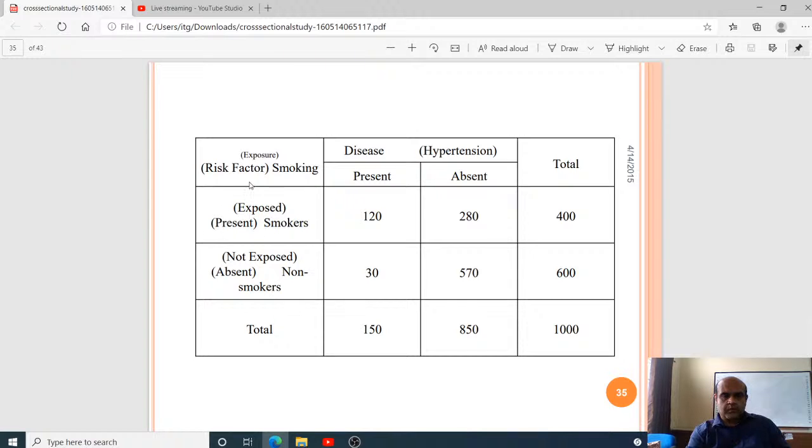In the people who are smokers, 120 people have hypertension, and 280 people do not have hypertension. In non-smokers, only 30 people have hypertension, and 570 people do not have hypertension.